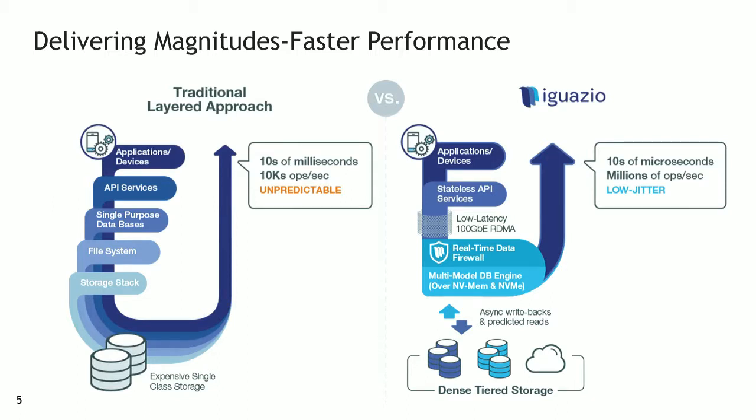So the approach we took basically has a three-tier approach. We've got a standard API layer that is distributed and detached, scaled out by itself from the core of the storage. The core of the storage rides on top of a highly tuned database engine, on top of which we've built many data modalities.